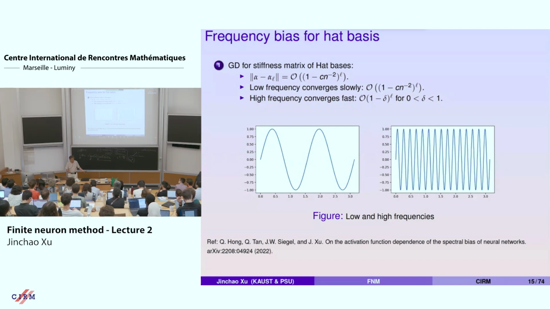Everybody knows this one. Okay, I think that's how multigrid works. The convergence is very slow for the low frequency. The lowest frequency is like c to the n to the negative 2. For the high frequency, it can be a constant rate of convergence, going exponentially to 0.